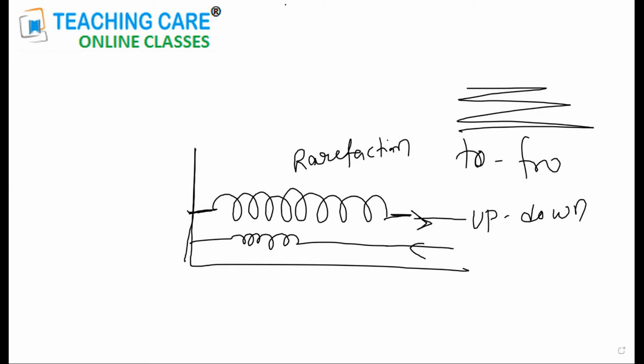A longitudinal wave is forming. By doing this you can still hear a very slight voice due to the vibration. This voice is nothing but the sound wave being generated. Why am I taking this example of a spring?